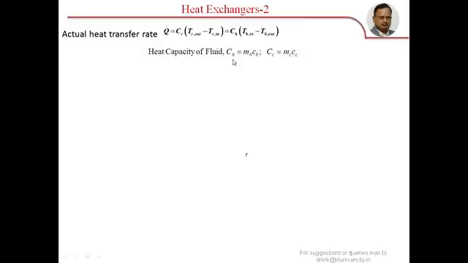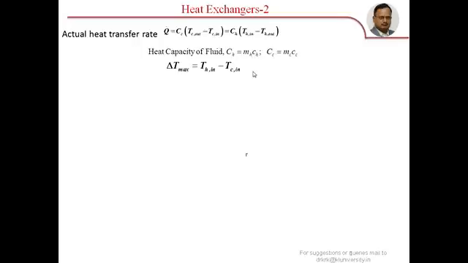So heat capacity of the hot fluid, CH, is mass flow rate of hot fluid into specific heat of hot fluid. Similarly, heat capacity of cold fluid is mass flow rate of cold fluid into specific heat of cold fluid. This is called capital CH and this is capital CC, known as heat capacity. So you can write the equation for actual heat transfer rate as heat capacity of cold fluid, that is MCCC into TCO minus TCI or MHCH into THI minus THO.